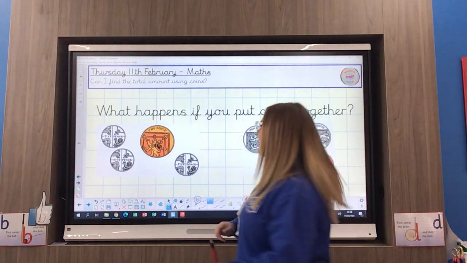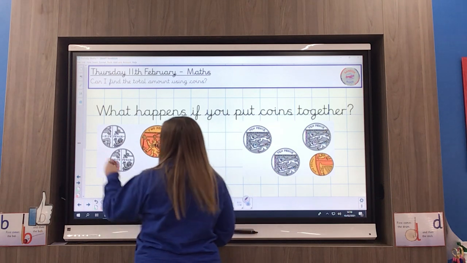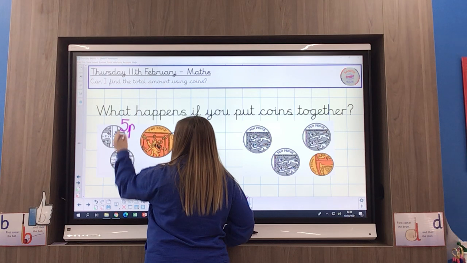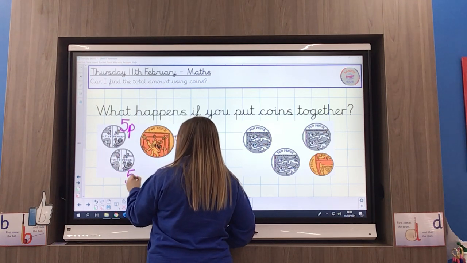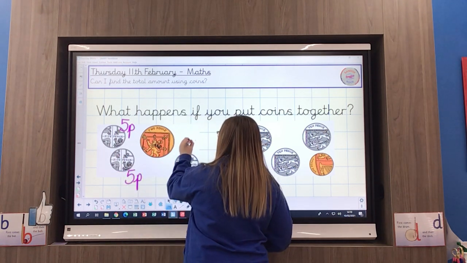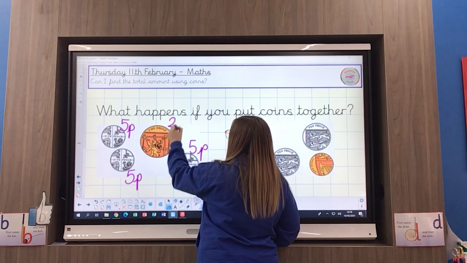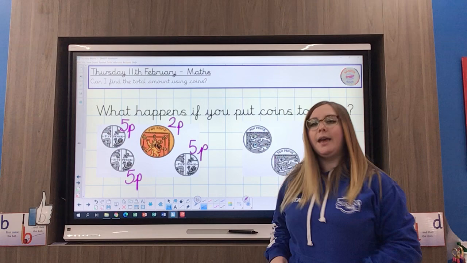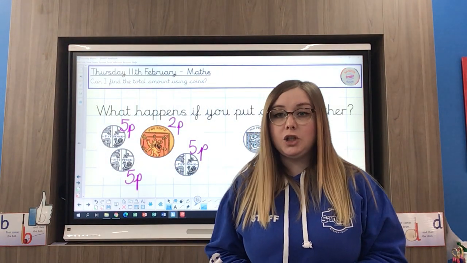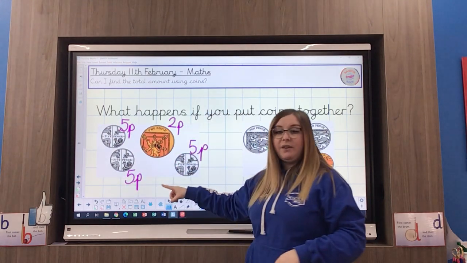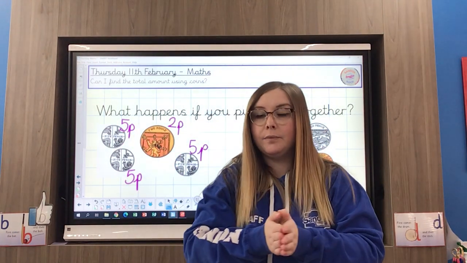So I can see here that I've got a 5 pence and another 5 pence, another 5 pence, and then finally a 2 pence. And if I wanted to find the total, I've got to find what all of those would equal if I put them together.